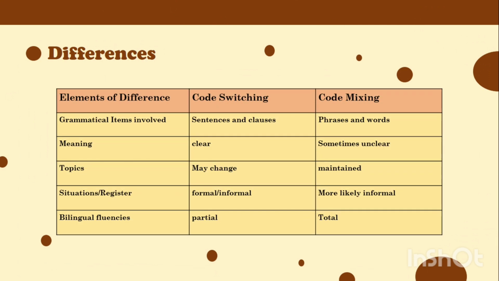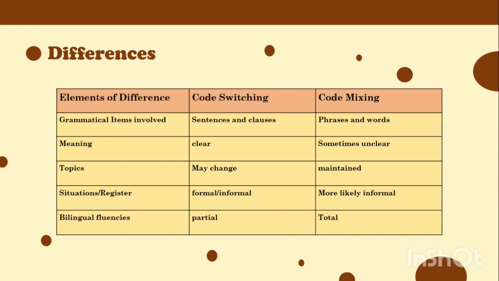Now we move to differences. Elements of difference. According to the grammatical items involved, code switching is about sentences and clauses, whereas code mixing is about phrases and words. Now, according to the meaning, code switching is clear. Code mixing is sometimes unclear.